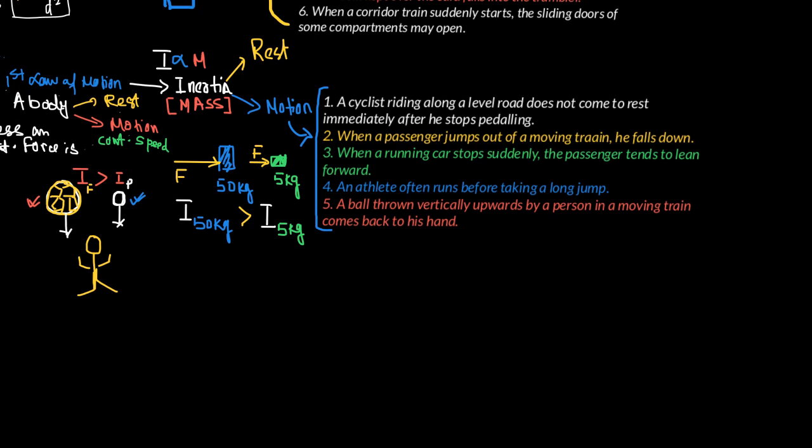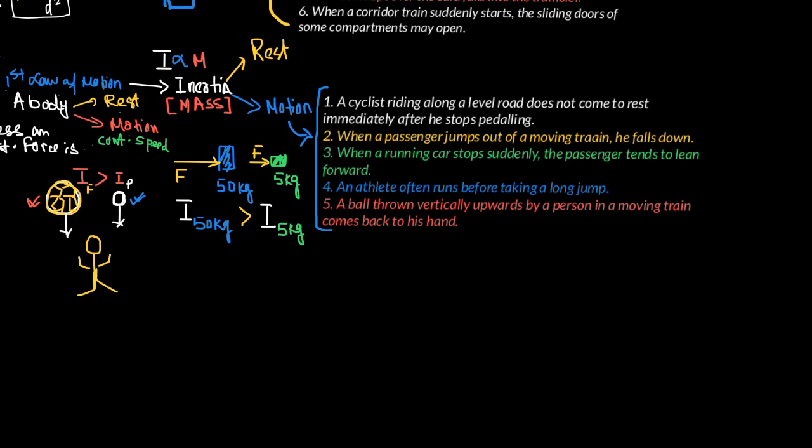Okay, right. Let's see the next point. When a passenger jumps out of a moving train, he falls. Why does he fall? Because when the passenger is inside the train, his body is moving at the same speed as that of the train. It's all together one particular system. But when he jumps out of the train, his entire body still wants to be in the same motion because no force has acted on it.